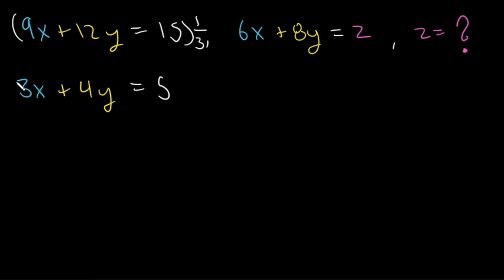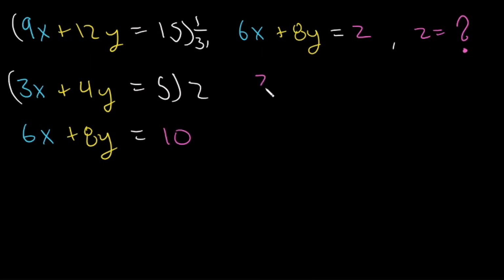So if we multiply this entire thing by 2, we will get 6x plus 8y, and that's going to be equal to 10. If 6x plus 8y is equal to z, and 6x plus 8y is also equal to 10, then we know that z is going to be equal to 10.